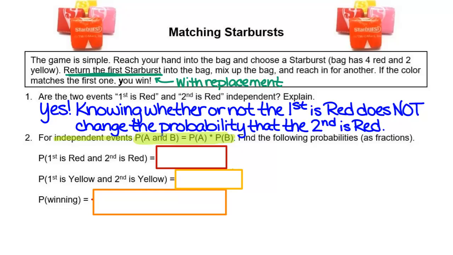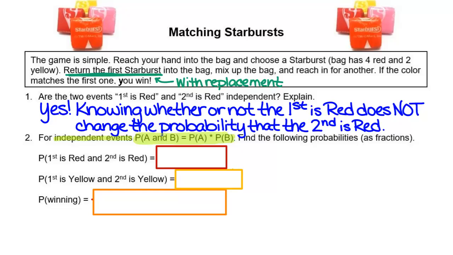For independent events, if you want the probability of the intersection, the probability of both events happening, the and, you take the probability of event A and you multiply it by the probability of event B. This is only for independent events. So we said with the way we played the game last week, these were independent because my probabilities don't change no matter what happened on the first draw.